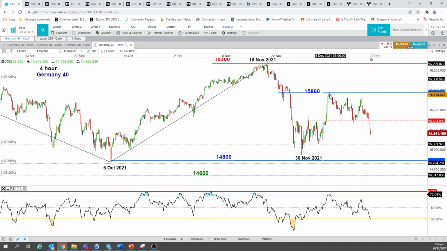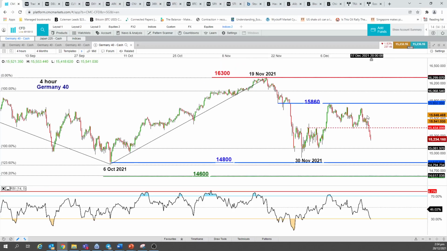After that, it started to shape a series of lower highs. So as long as 15,860 is kept on the upside, we may start to see a messy sideways movement for the German 40 index as well. Unless it has a 4-hour close above 15,860, then I could revalidate my bullish bias to retest the current all-time high level at 16,300, at least in the short to medium term.